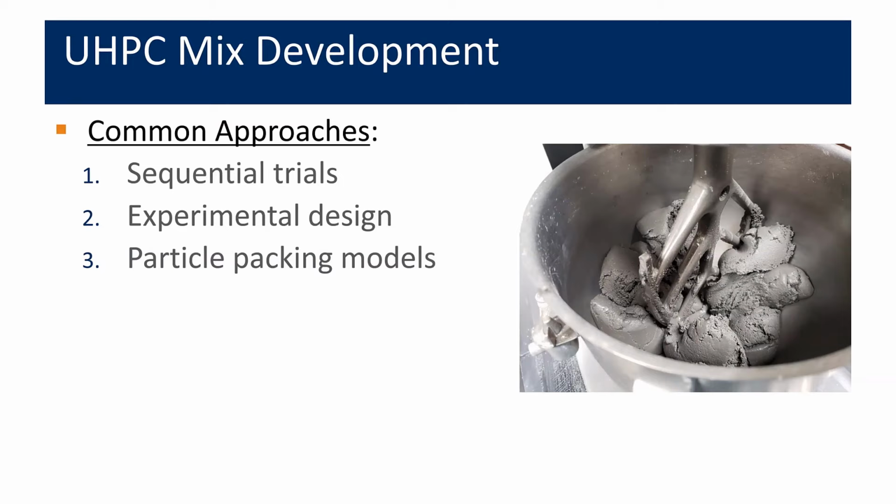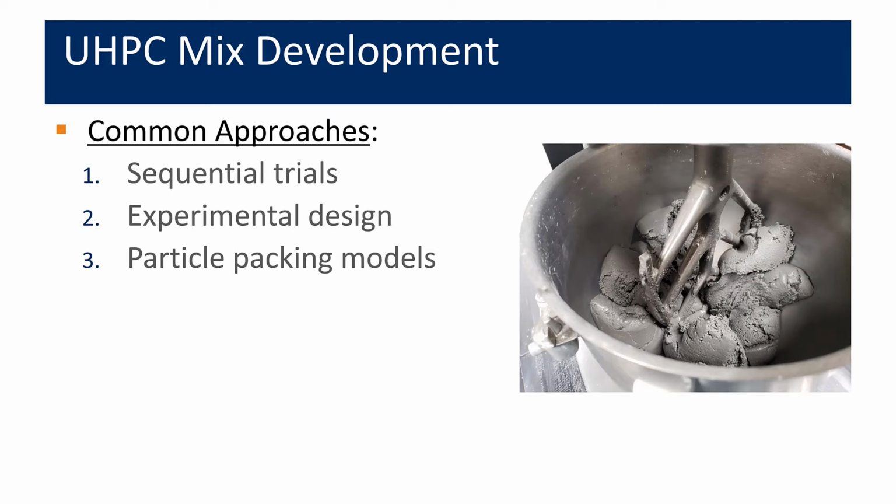There's also experimental design methods where I'm looking at a particular group of cements, a particular group of supplemental materials, maybe a few different sand gradations. I look at different options from each of those categories and use statistical principles to come up with a matrix of different mixtures that I'm going to make.